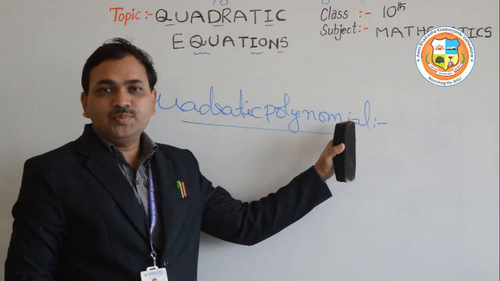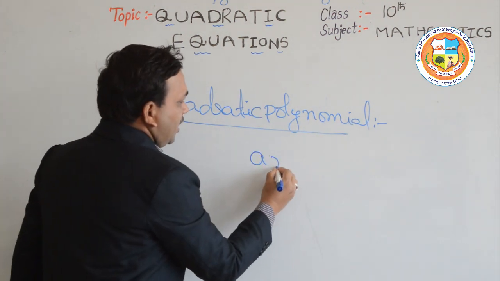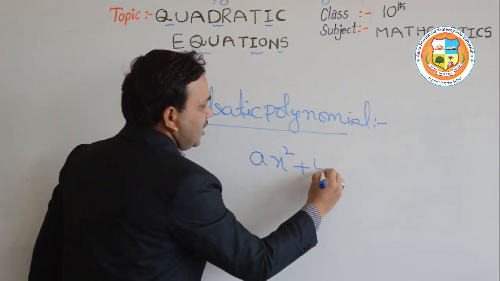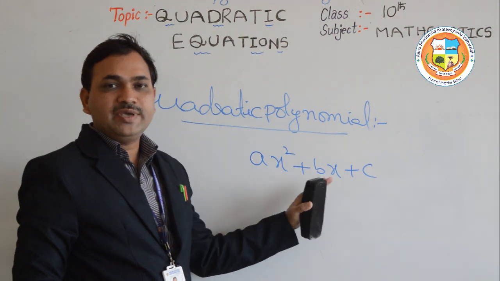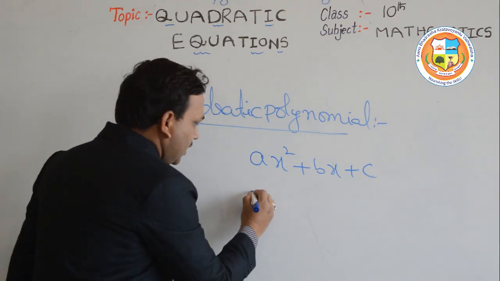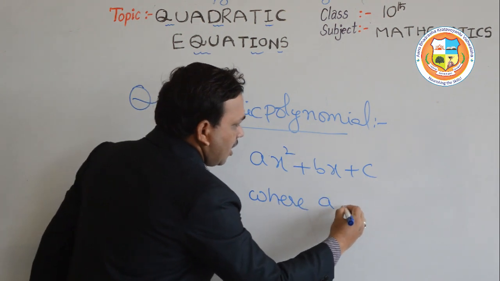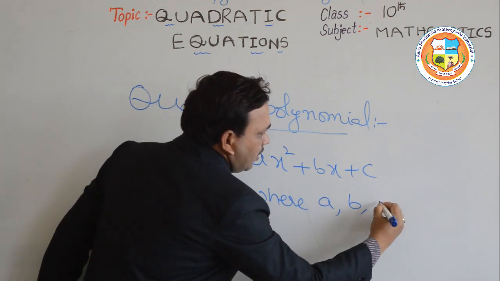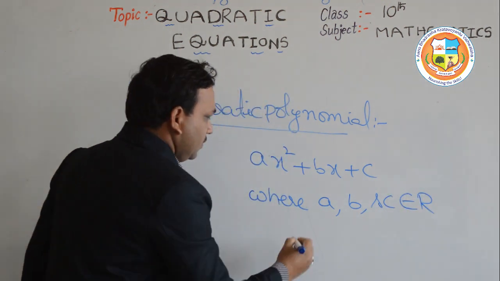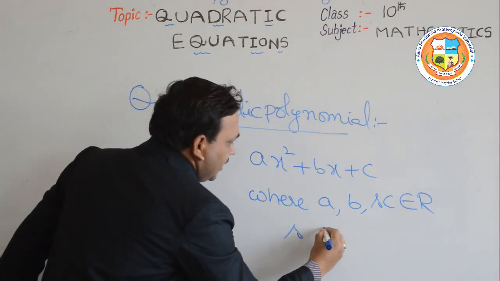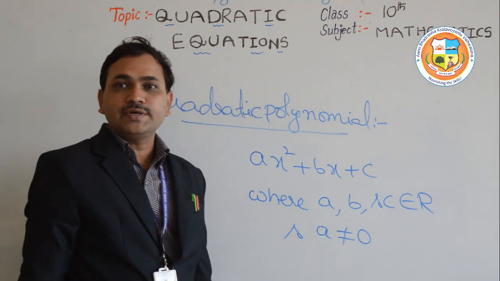The general form of the quadratic polynomial is ax square plus bx plus c, where a, b and c belong to R and a is not equal to 0.